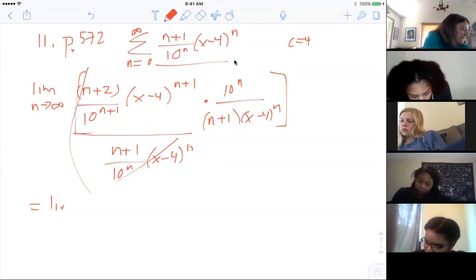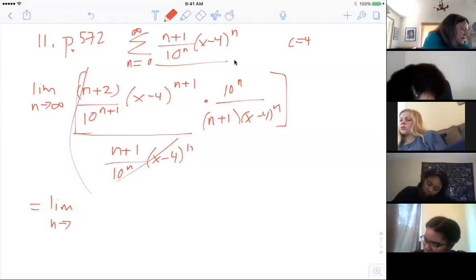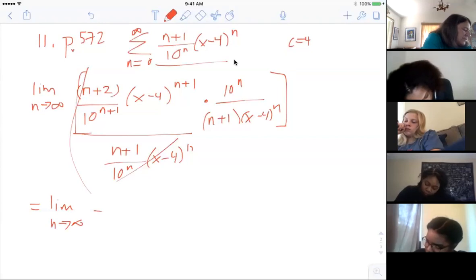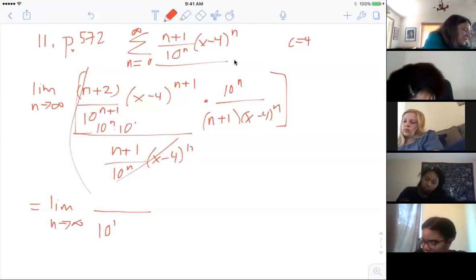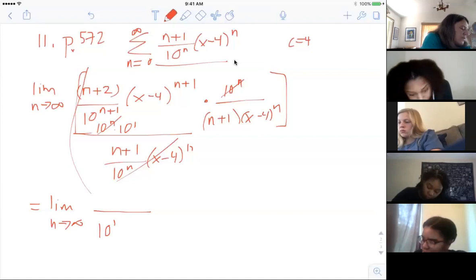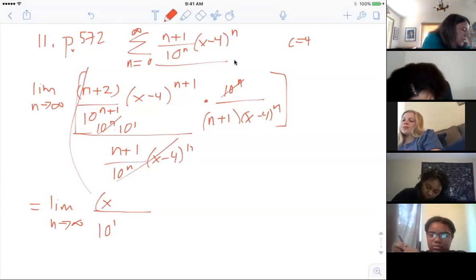It's the limit as n goes to infinity. 10 to the n over 10 to the n plus 1 leaves me with a 10 to the 1, because you can break this down into 10 to the n times 10 to the first. So those two go. x minus 4 to the n plus 1 over x minus 4 to the n leaves me with just an x minus 4.